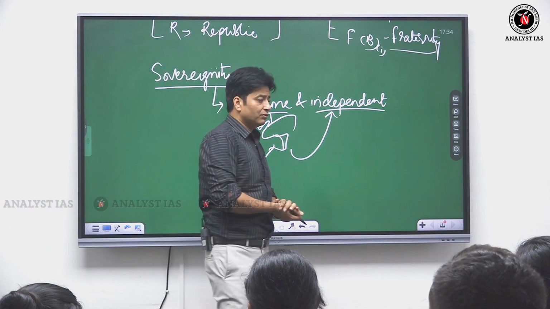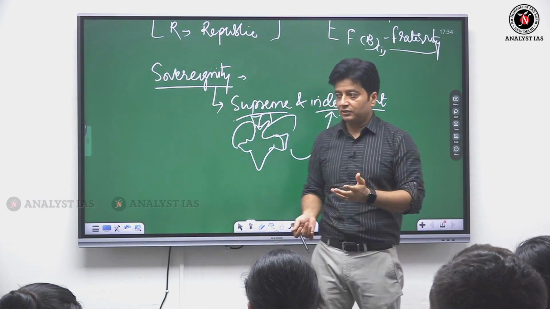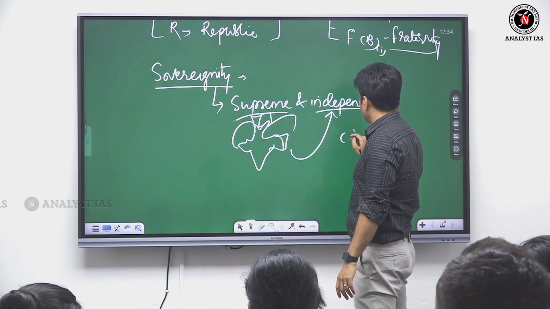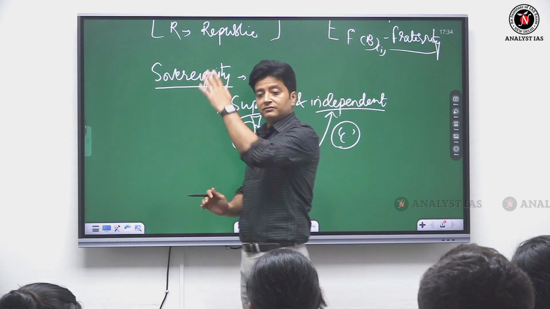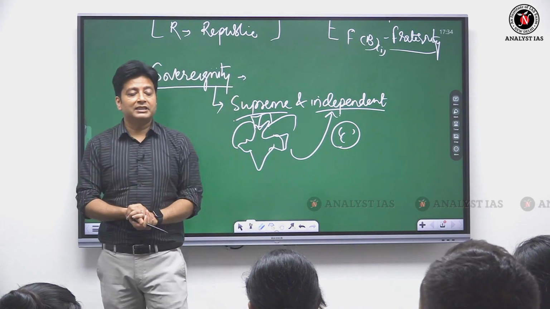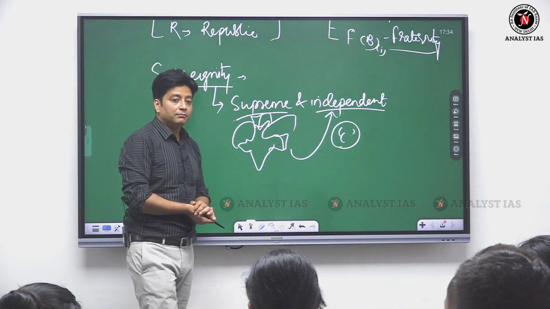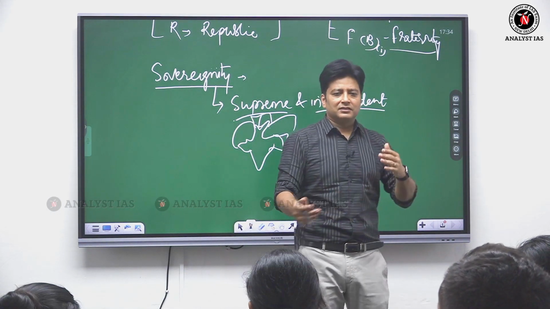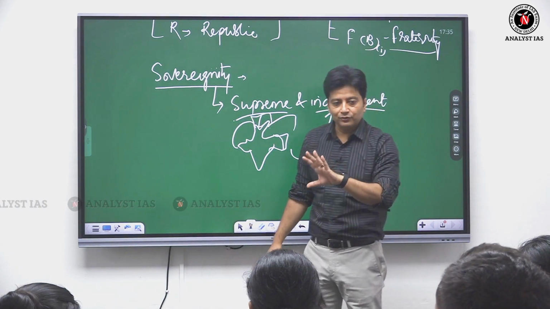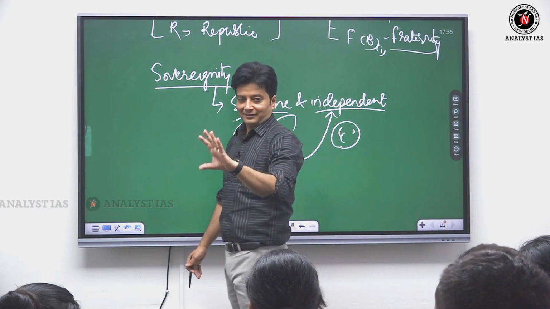Now, in your mind, there must be a thought: why are we a member of the Commonwealth since 1947? We chose it. It's not that they dictated, because our main aim was to remove the Britishers and their interest.